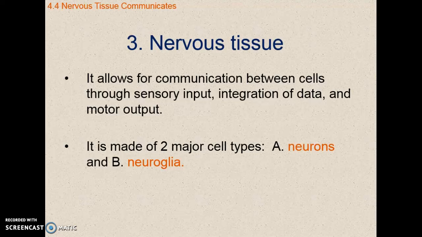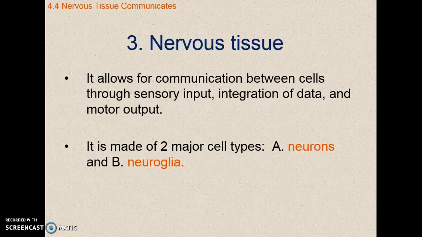The nervous system is composed of neurons, or nerve cells, which receive or transmit impulses, and neuroglia, also known as glia cells, that assist in the propagation of the nerve impulses, as well as provide nutrients to the neurons.